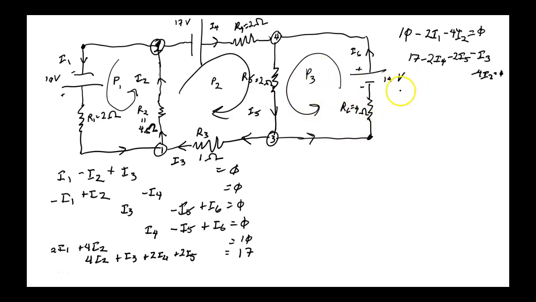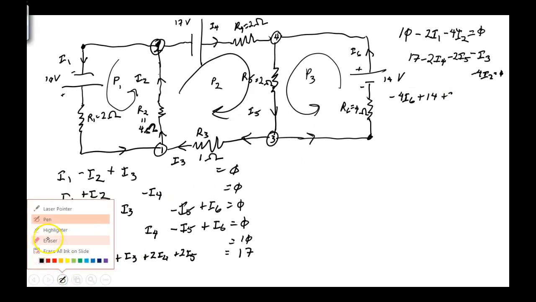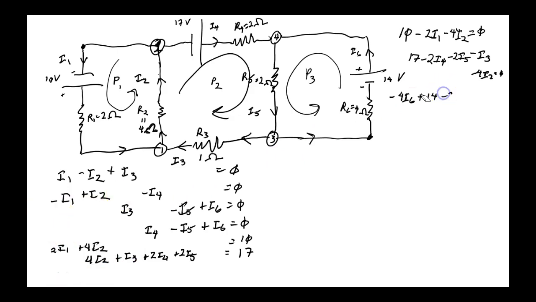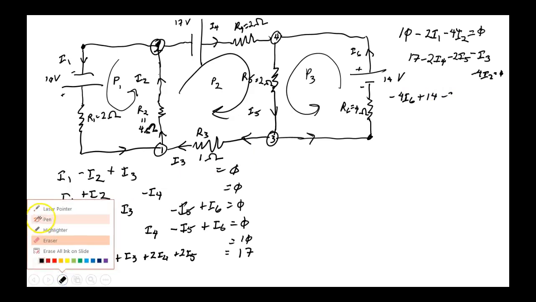So we have a drop in voltage of 4I6, right? Then we have an increase in voltage of 14 volts. Then we have a drop in voltage, because it's going in that direction, of 2I5, right? No, minus 2I5. Agreed?